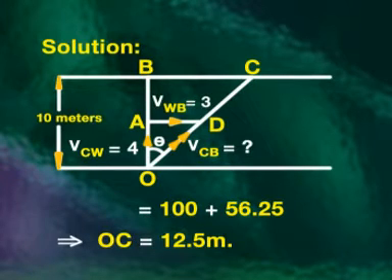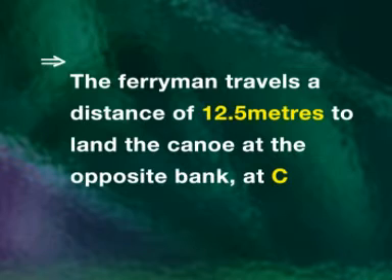This gives us 100 plus 56.25, implying OC equals 12.5 meters. The ferryman travels a distance of 12.5 meters to land the canoe at the opposite bank.